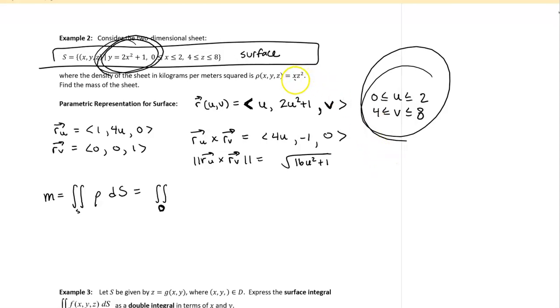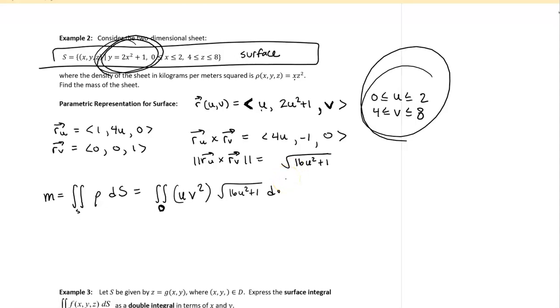So if we're plugging in something for x, our parameterization for x is u. And z squared, that would be v squared. So that'd be uv squared. And then our dS gets replaced by the magnitude of the cross product, square root of 16u squared plus 1, du dv.